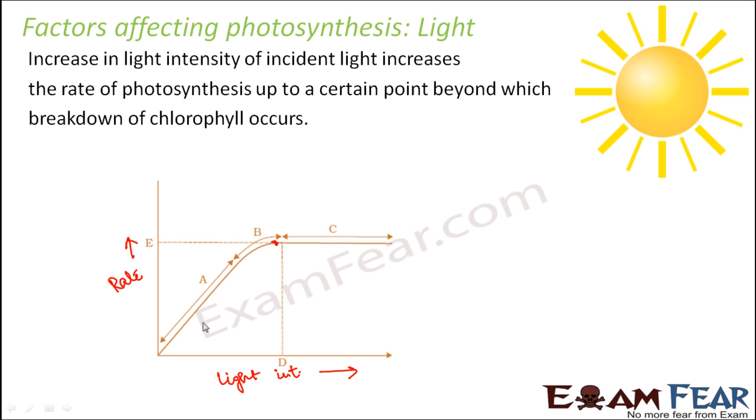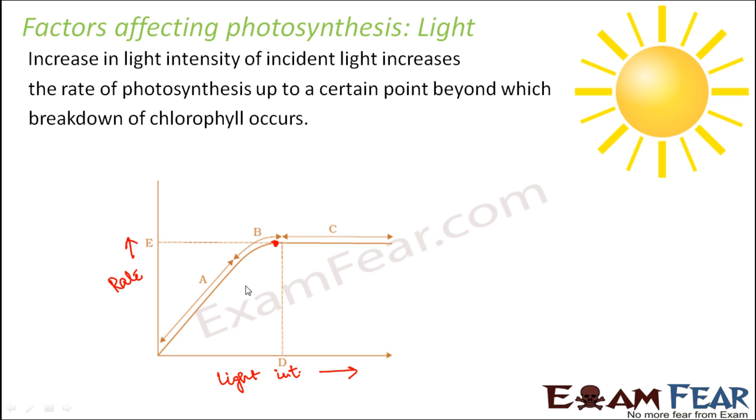So there is a linear relationship between the rate of photosynthesis and light intensity only at lower values of intensity. The saturation occurs at only 10% of full sunlight. So you can imagine how little light is required for photosynthesis to take place.